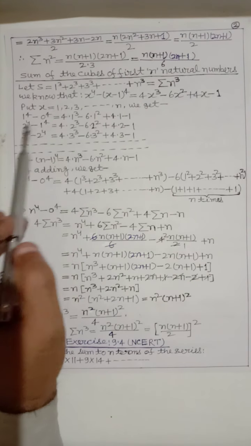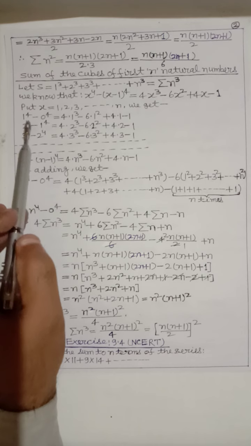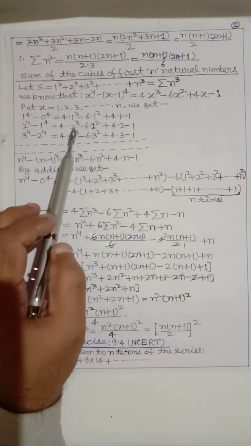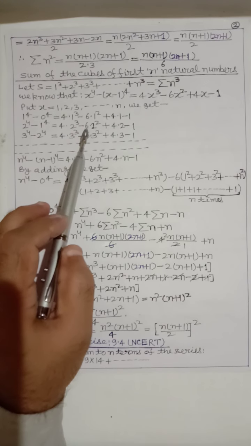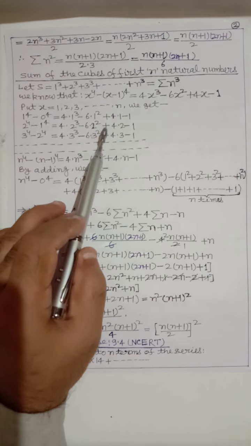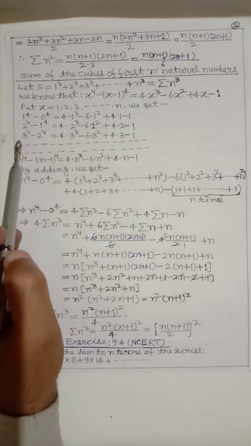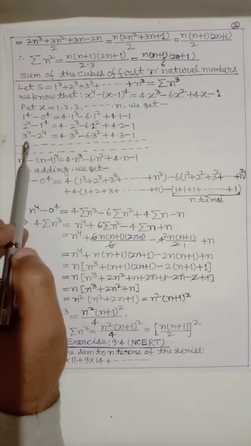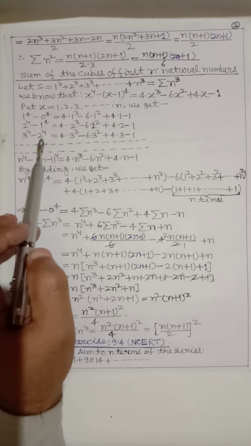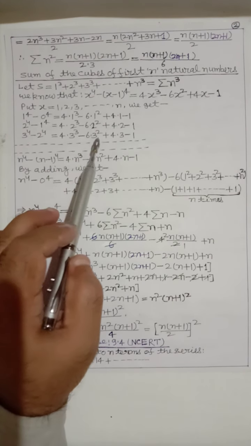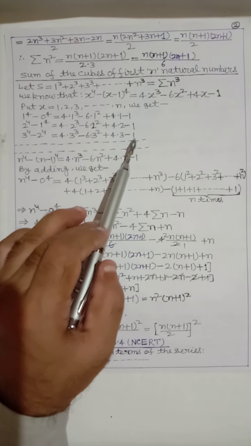When x is equal to 2, 2 to the power 4 minus 1 to the power 4 equal to 4 into 2 cube minus 6 into 2 square plus 4 into 2 minus 1, and when x is equal to 3 we get 3 to the power 4 minus 2 to the power 4 is equal to 4 into 3 cube minus 6 into 3 square plus 4 into 3 minus 1.